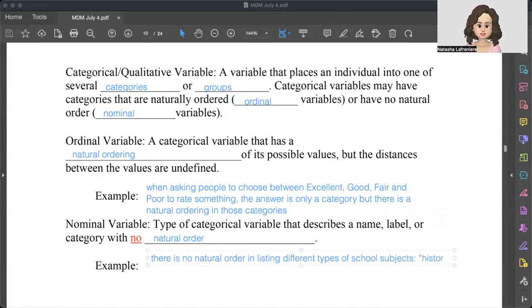For example, history does not have to follow biology. So these subjects can be placed in any order. Okay, so I'm clearing this.